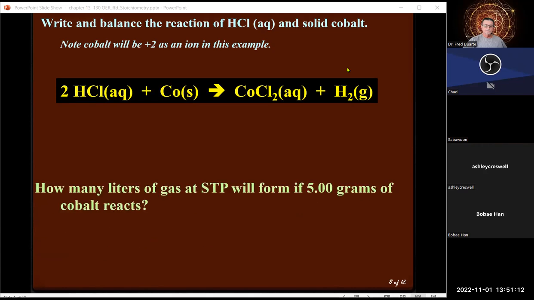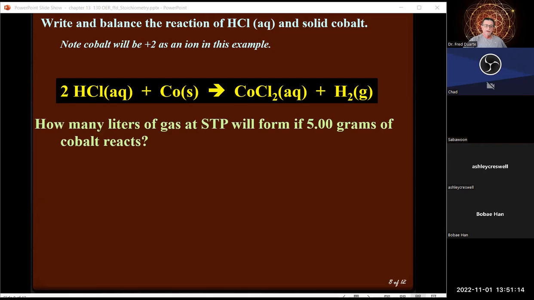All right, now the question is, how many liters at STP will form if 5.0 grams of cobalt reacts? Okay, so we're going to identify who we're working with here. How many liters of gas?